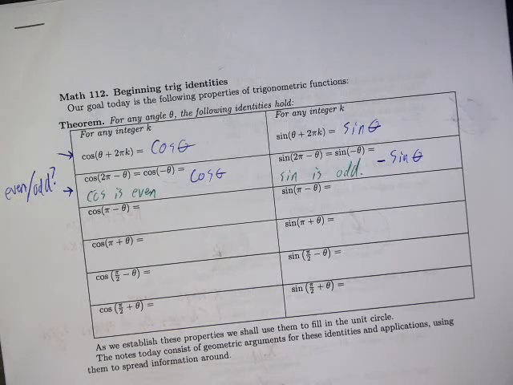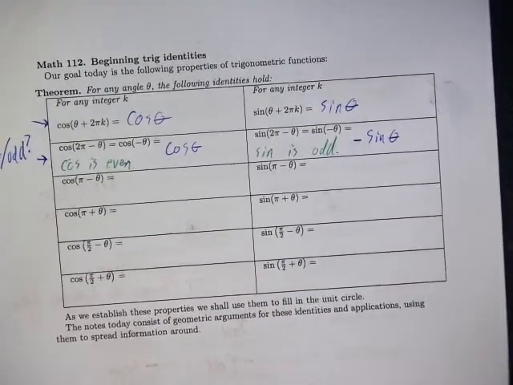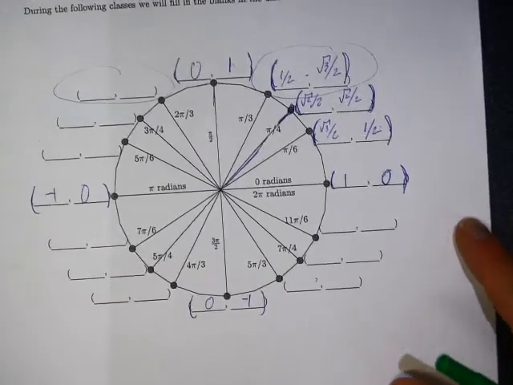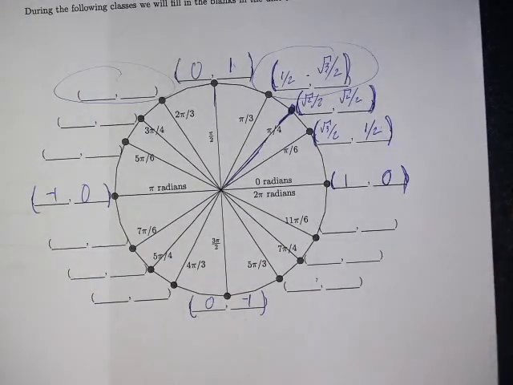Everyone feel pretty okay? Let's take advantage of that to figure out what we can determine in this page. So I know that if I do 2 pi minus an angle, I know what that should do to trig functions.